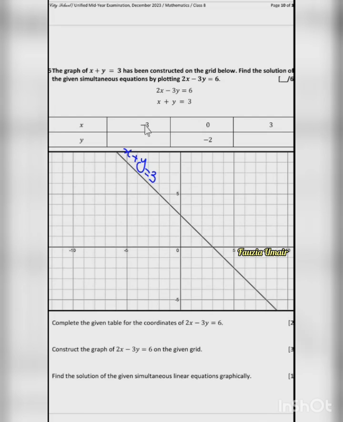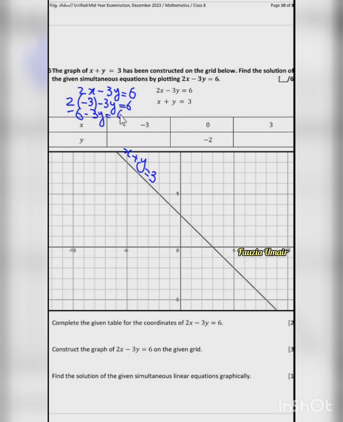If x is equal to -3, what would be the corresponding value of y? The equation is 2x minus 3y is equal to 6. I'm going to put x is equal to -3. Solve this linear equation because the whole 6 marks depend on the correct values in this table. 2 into -3 is -6, so -6 minus 3y is equal to 6.